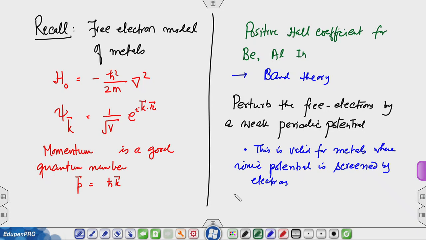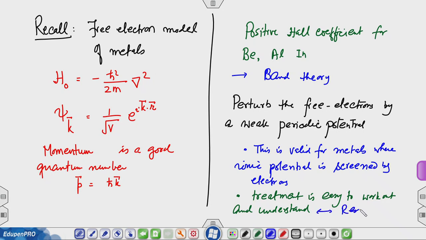Number two, I also do it because the treatment is easy to work out. But the results are general. So, once we develop this understanding, you will see that going to the rigorous theory becomes quite easy.